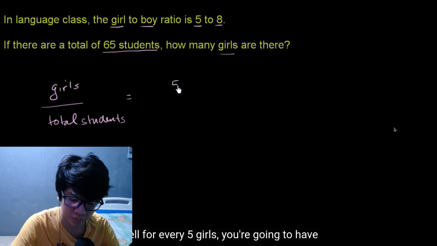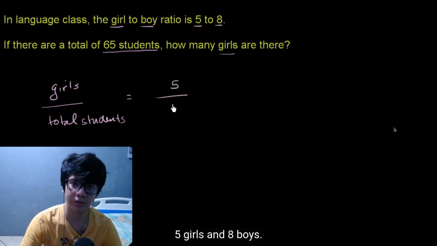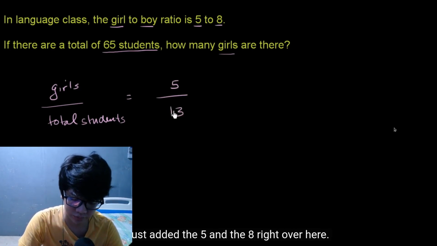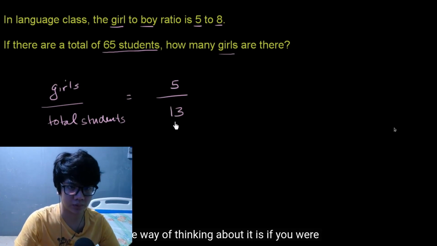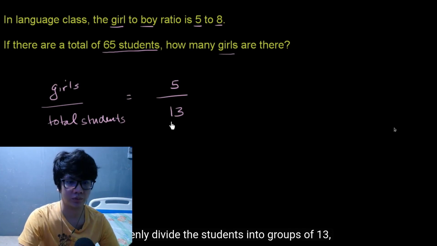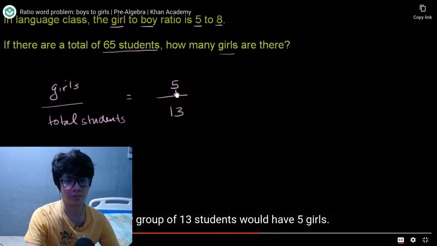Well, for every 5 girls, you're going to have 5 girls and 8 boys. You're going to have 13 total students. So I just added the 5 and the 8 right over here. The ratio of girls to total students is 5 to 13. One way of thinking about it is if you were to evenly divide the students into groups of 13, every group of 13 students would have 5 girls.